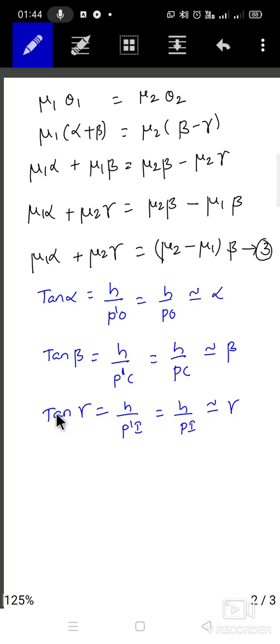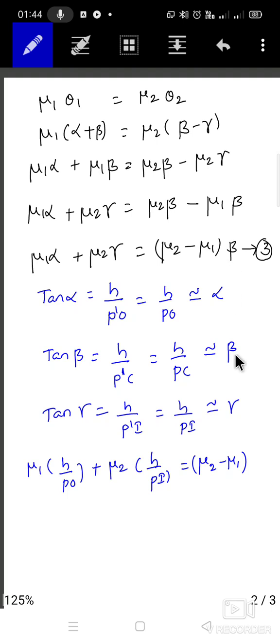From this equation, mu 1 alpha, and alpha is equal to h by PO, plus mu 2 gamma, and gamma means h by PI, is equal to mu 2 minus mu 1 into beta, and beta is equal to h by PC.